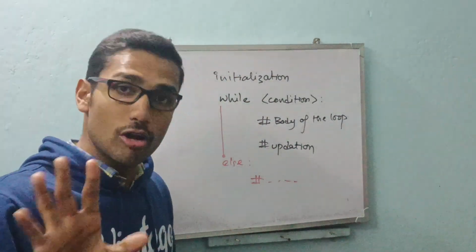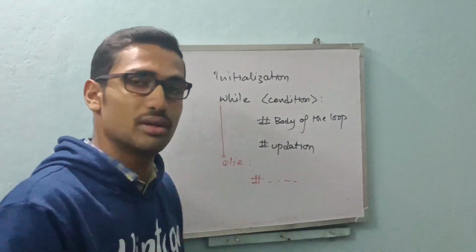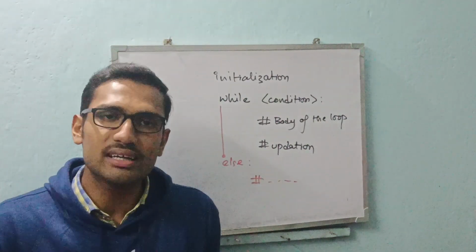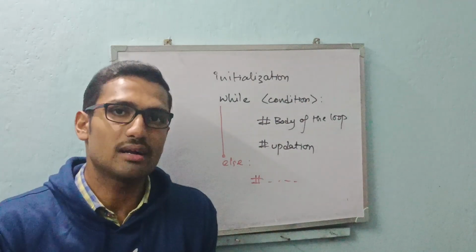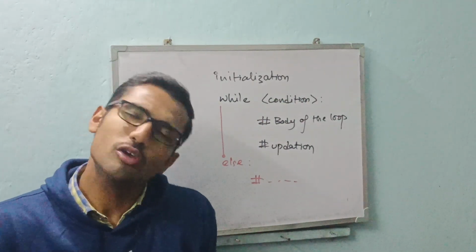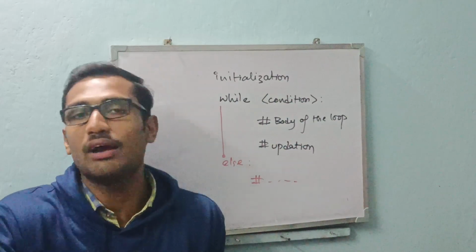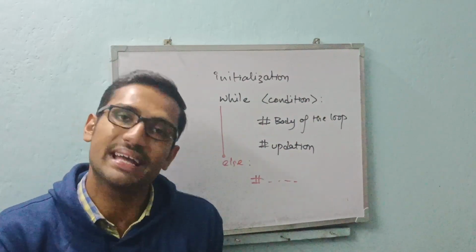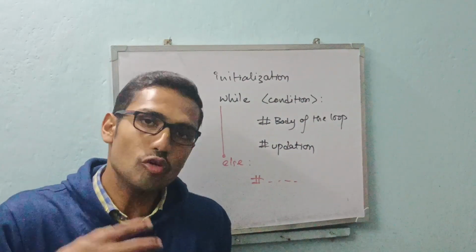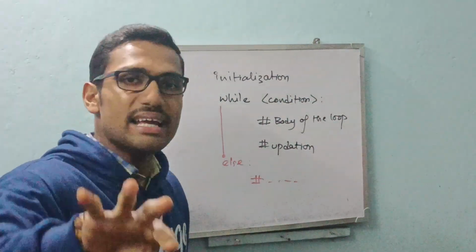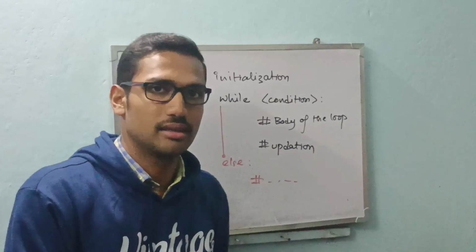It is the same for the for loop also, but I haven't discussed it. In order to understand the else part of a particular loop, you need to understand the jump statements. We have two types of jump statement, break and continue. If you get an idea of those, then it would be very easy for you to understand the else part.